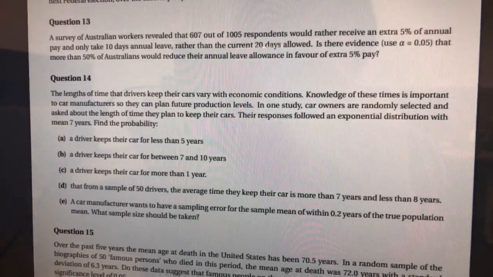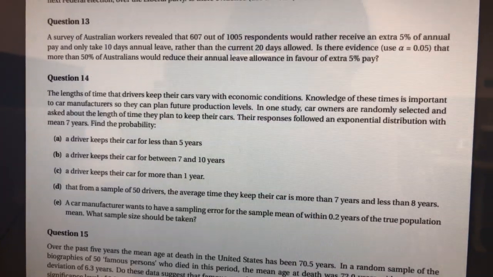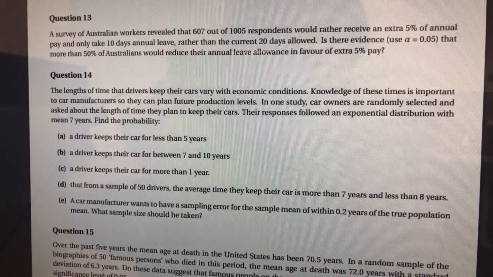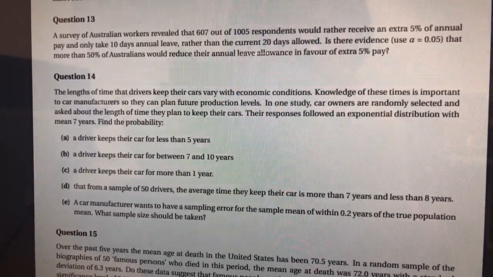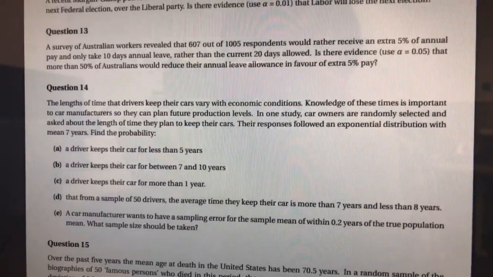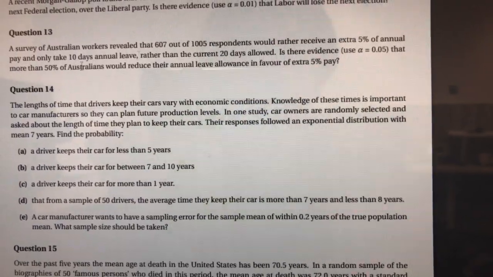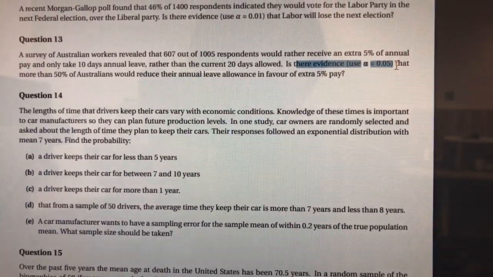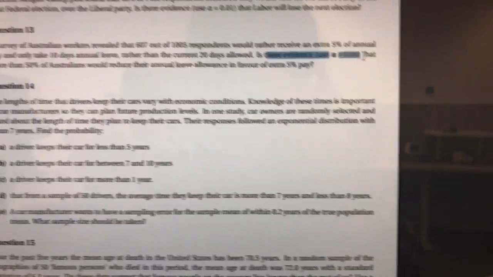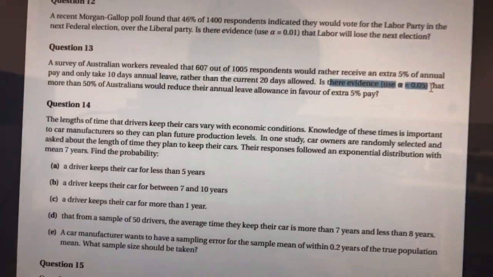So is there evidence that more than 50% of Australians would reduce their annual leave allowance in favor of an extra 5% pay? Okay, for question 13, when you say something like, is there evidence, alpha equal whatever, this will be a hypothesis testing question. So now, let's see how we can solve this problem.